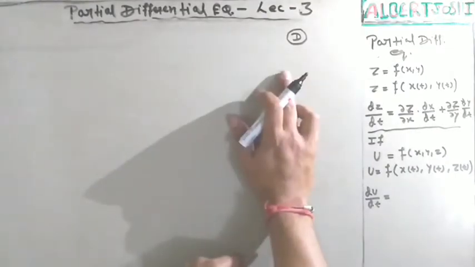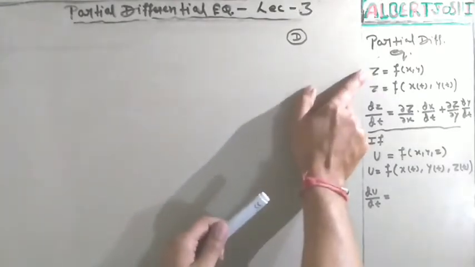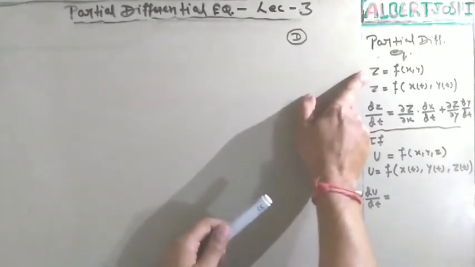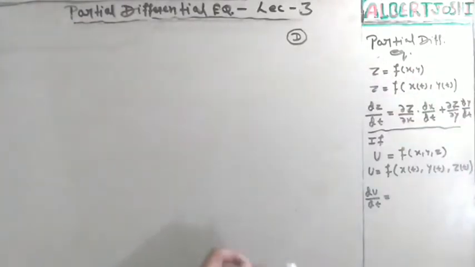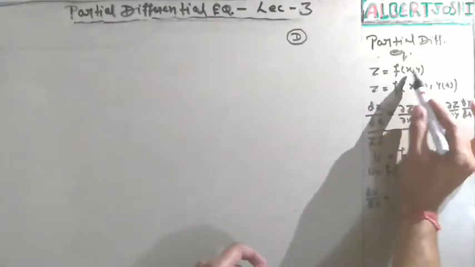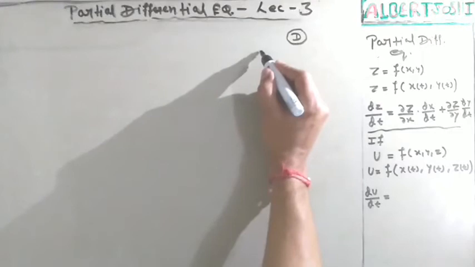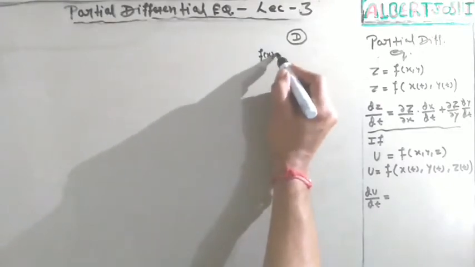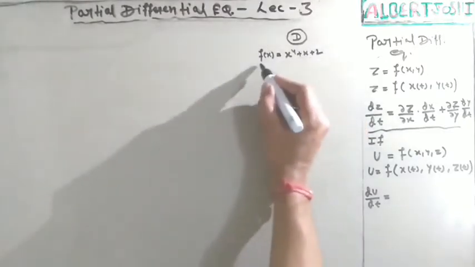Sometimes you will get such a type of function. In this function you can see that there is more than one variable. This is one variable, this is a second variable. In your high school intermediate you have seen such a function, x to the power 4 plus x plus 2, and then you have to differentiate.